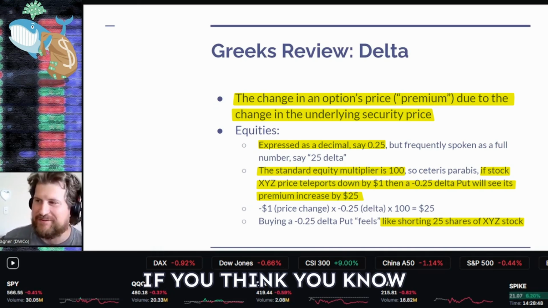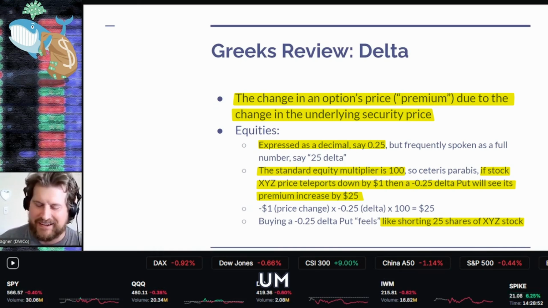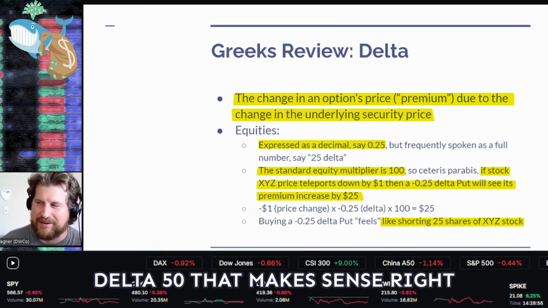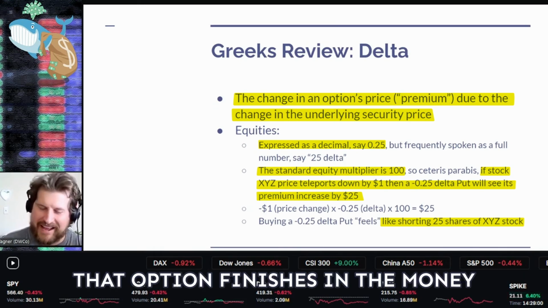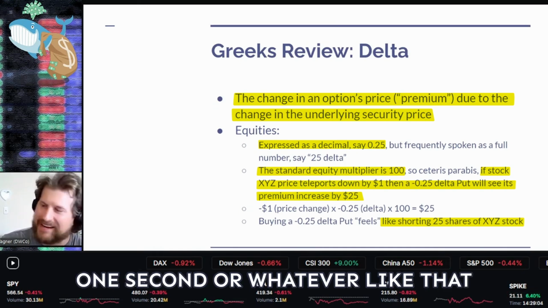If you're being a real first principles student of this stuff, the at the money delta of 50 makes sense. There's a 50-50 chance that the option finishes in the money if it expires in the next 1 second or whatever.